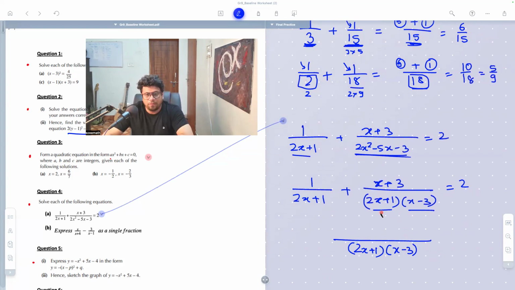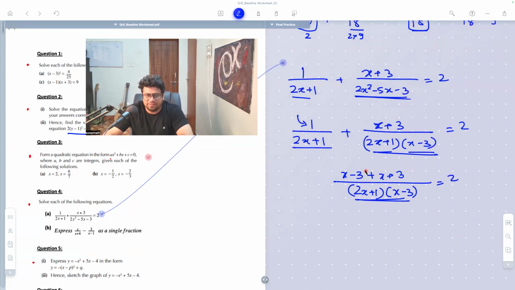And now this divided by that will just be a x minus 3 multiplied by a 1, x minus 3, plus this divided by that whole thing is just a 1. They're literally the same things. That 1 multiplied by x plus 3 equals 2. Now, minus 3 and plus 3, they cancel out.